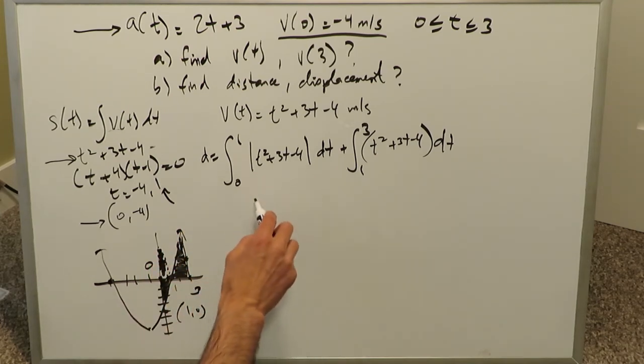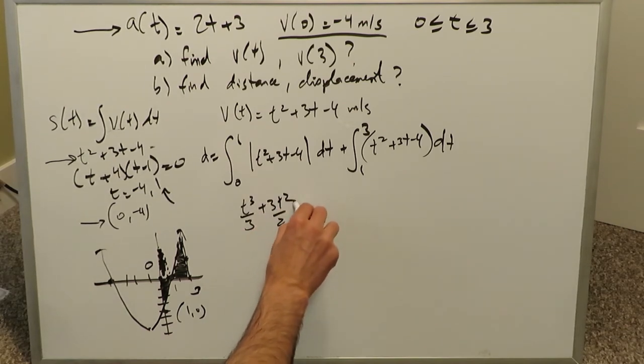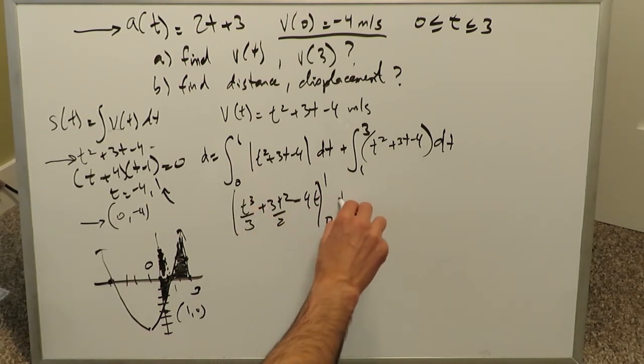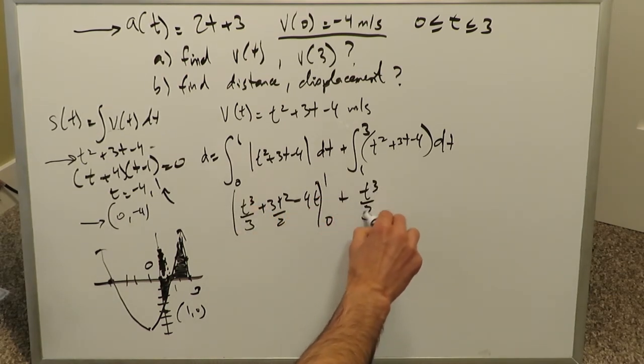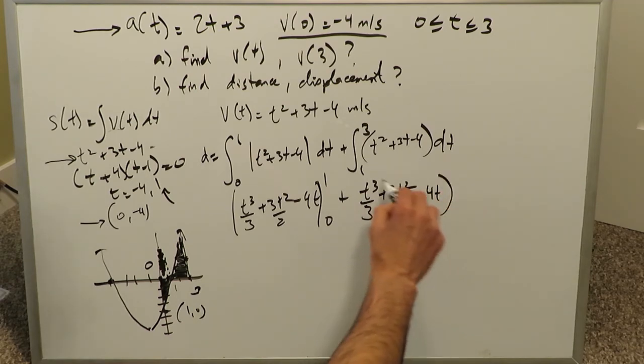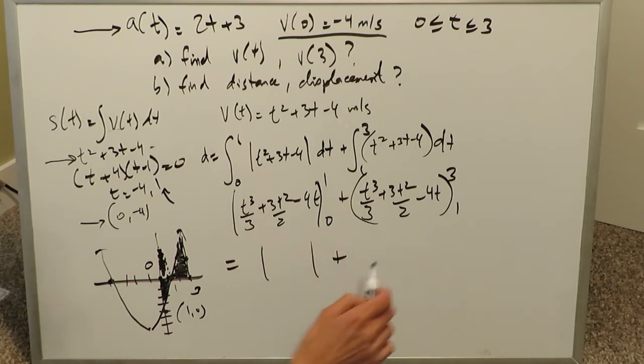You have to do the integration of this. This will be t cubed over 3 plus 3t squared over 2 minus 4t, absolute value, from 1 to 0. Here you'll have t cubed over 3 plus 3t squared over 2 minus 4t, from 3 to 1. Let's do them.